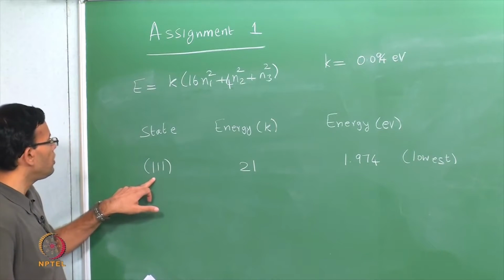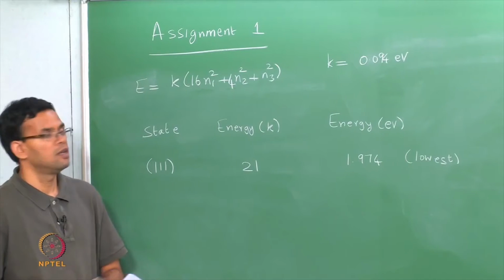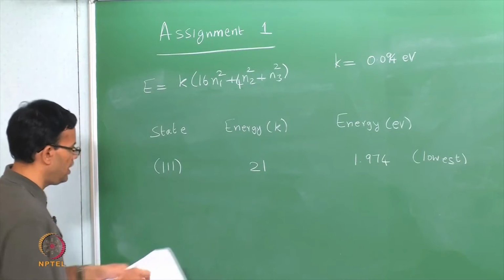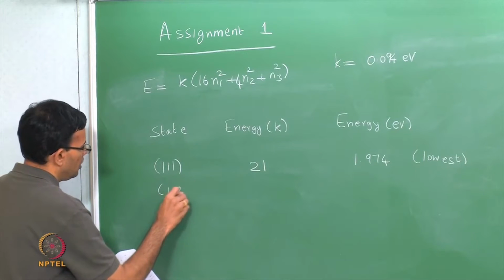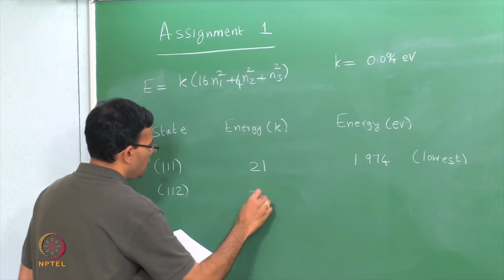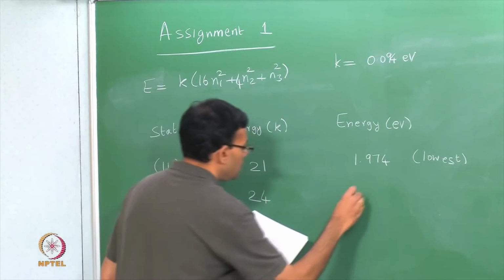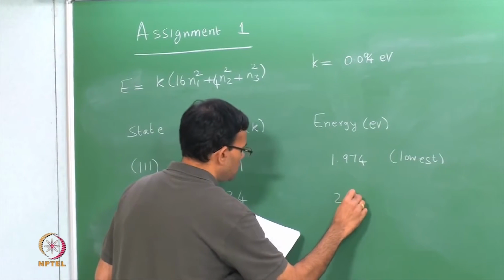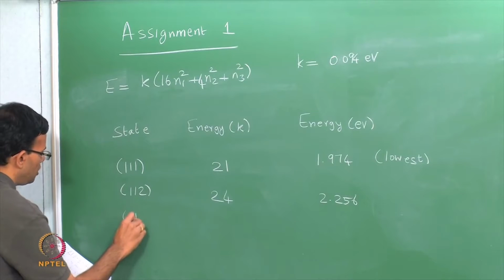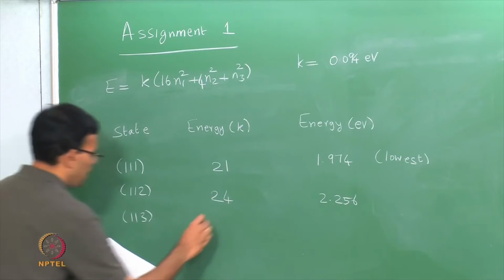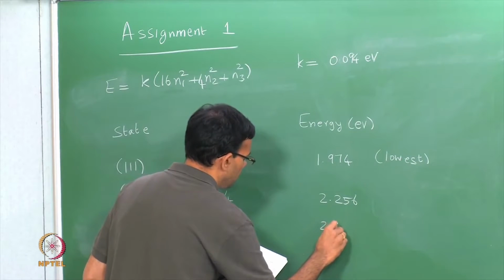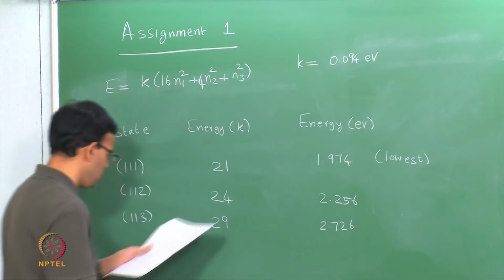So, if you put 2 in the first case for n1, we find that the energy is actually multiplied by 16. So, the next energy state would be 1, 1 and 2, that gives you a number 24 and the energy is 2.256. Then we have 1 1 3, again it is just a question of plugging the numbers and checking the math, 7 2 6.